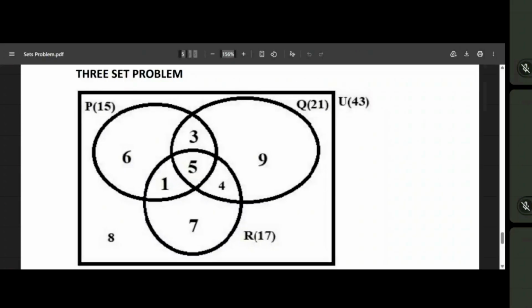The 15 against the Q is saying that when you add everything within that ring, you should be getting the 15. That is to add 6, 1, 5, and 3. 6 plus 1, that's 7. Plus 5 is 12. Plus 3, that gives you the 15. So if you add everything within that ring, you are getting 15.